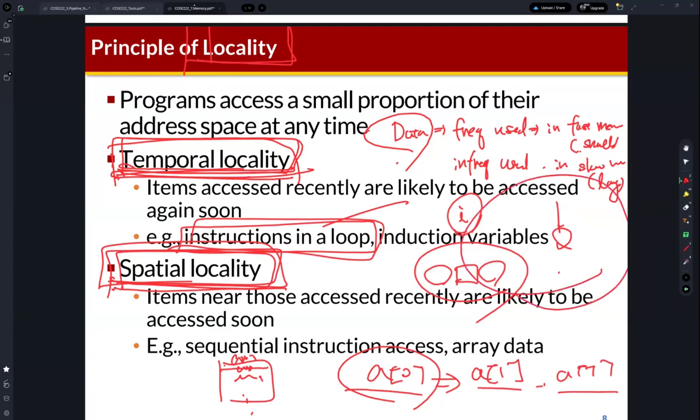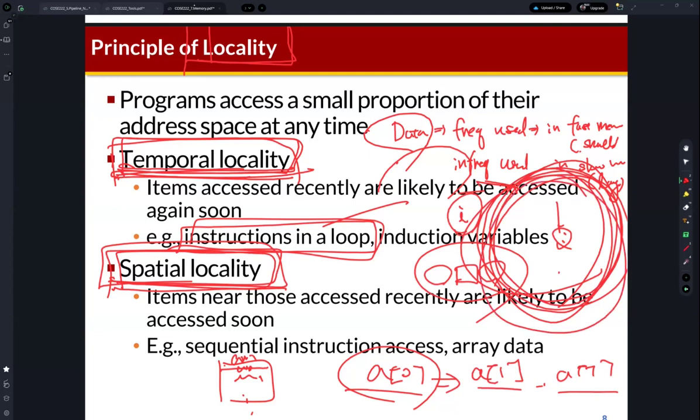Also, the neighbor data will be accessed. So when our application is accessing a certain data, we can expect that the same data and its neighbor data will be accessed frequently, right?